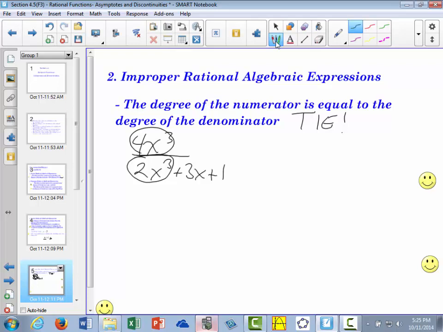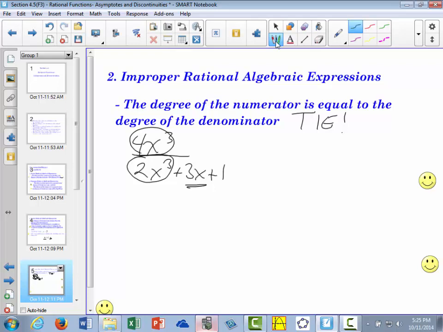Because if you compare a value of x cubed to a value of 3x, the x cubed is going to be so much larger as x gets larger and larger. Think of 1,000 cubed being close to a billion, whereas 3 times 1,000 is only 3,000. You compare a billion to 1,000, and that 1,000 becomes pretty insignificant.